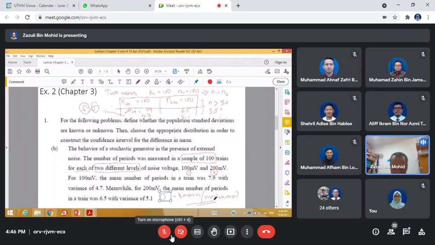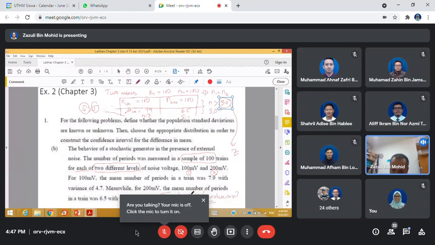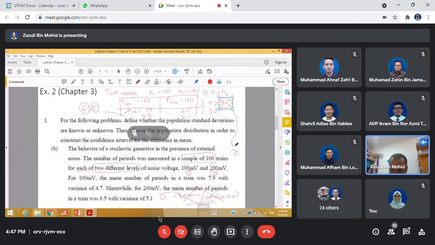Jadi untuk soalan yang ini, kalau lihat daripada segi teori, dah tak payah nak tanya lagi dah. Lebih daripada 30, it directly refer to Z. Ini unknown ke, known ke, tak ada kena-mengena dah. Pasal dia dah overpowered by syarat ni. Okay, daripada 30.